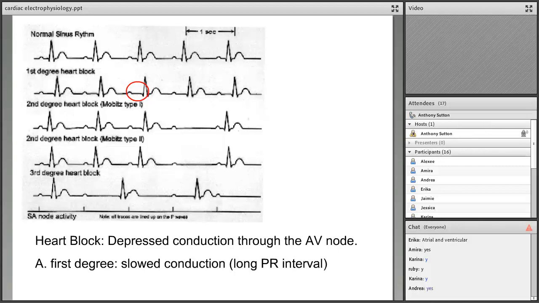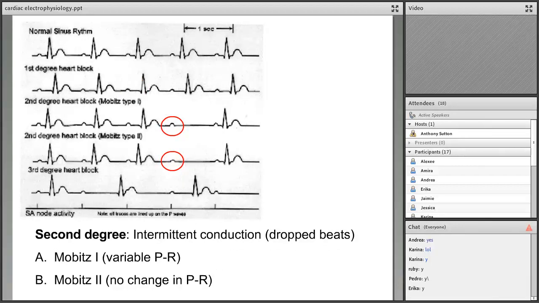Now, they still are in a relationship, but now they're keeping their distance for right now. Okay, let's see if that makes sense. So they're still together, but they're keeping their distance. That's first degree. So that means you're going to have a longer PR interval in a first degree heart block. Does that make sense? Everybody with me so far? Karina says yes. Pedro, yes. Okay, good. Perfect. Let's go to the next thing.